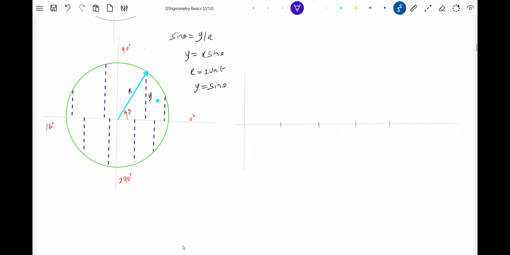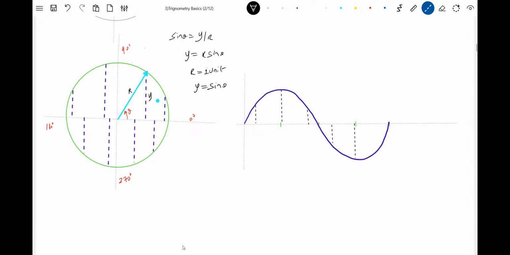So the response of the curve will be like this, and if we rotate further, it continues. The dotted lines, what I was insisting on, this height of the triangle, they are not for decoration.